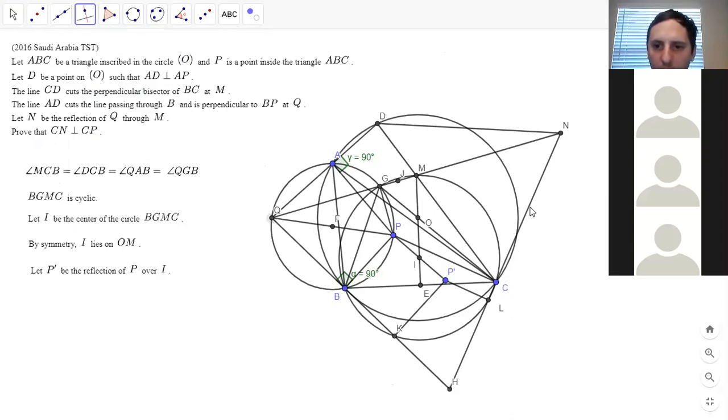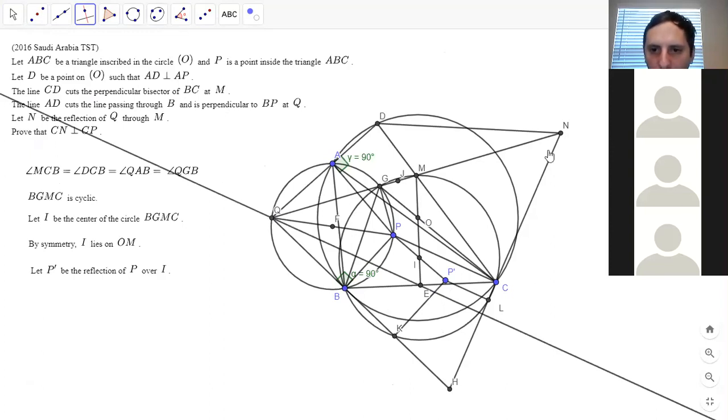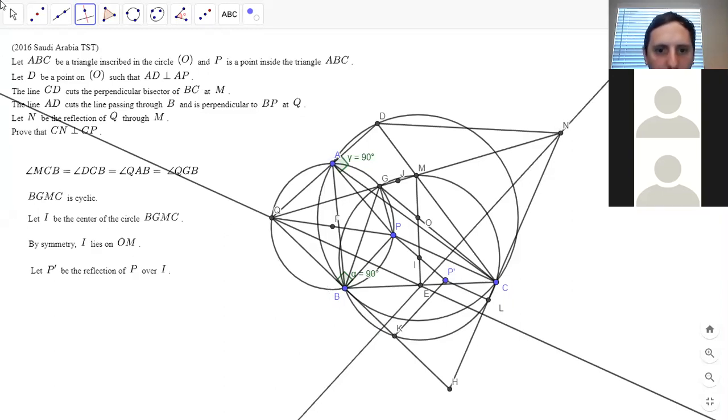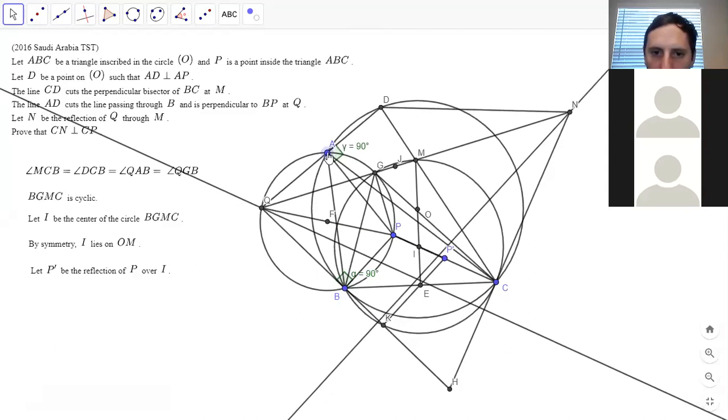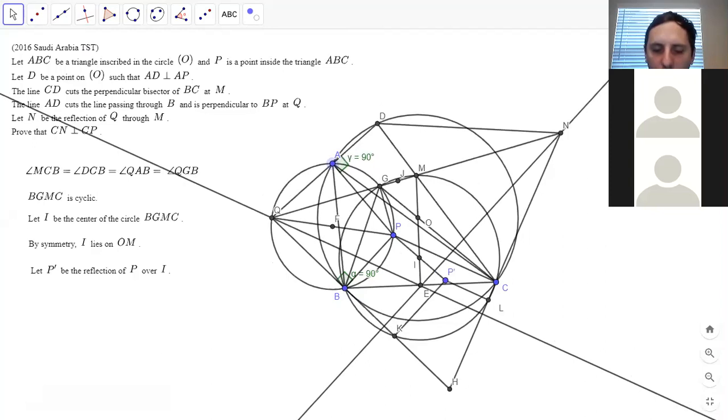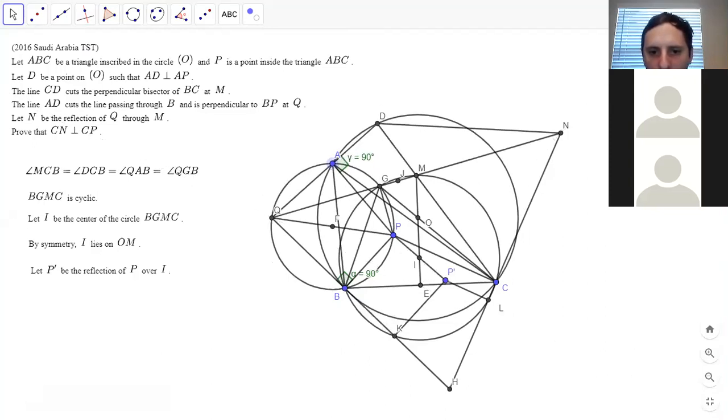Take a perpendicular. Oh, is E the orthocenter of QMN? I doubt it. Doesn't look like it. So BE equals EC and QM is equal to MN.